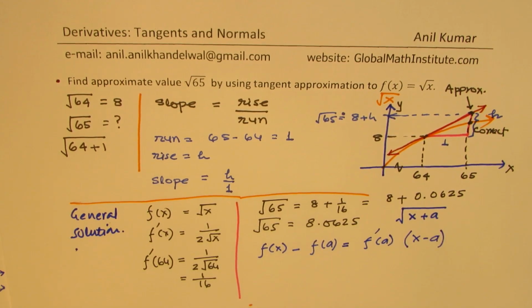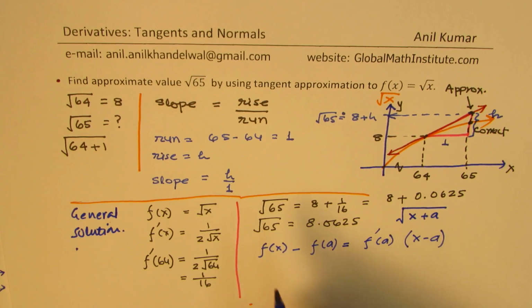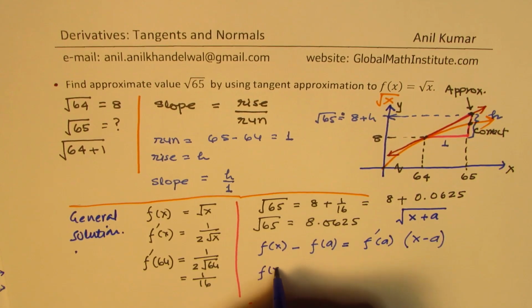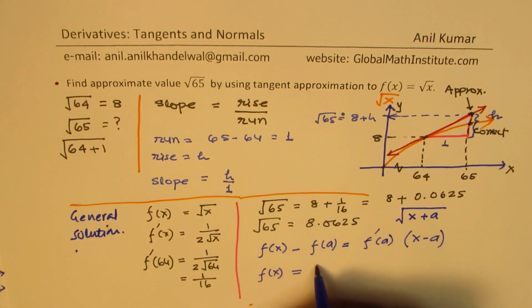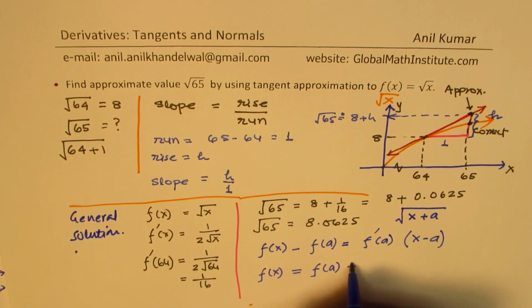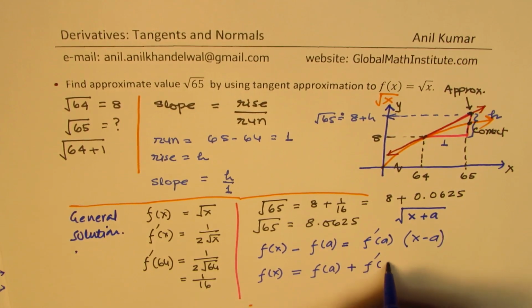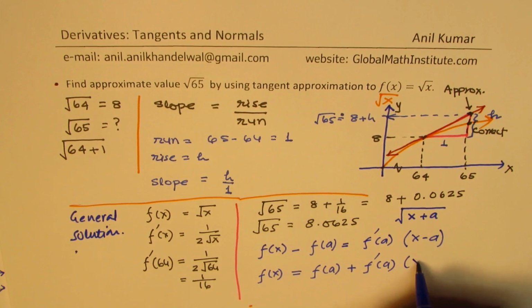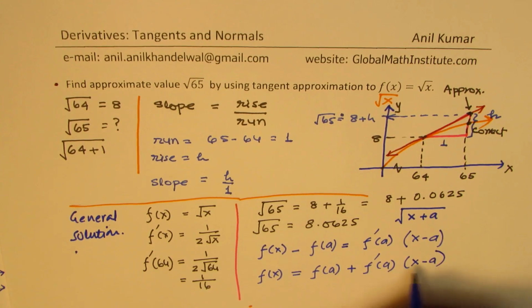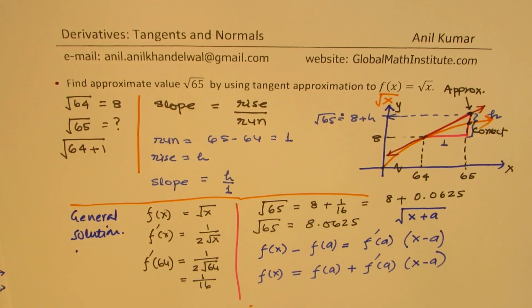Correct? So that will give you the answer directly. So in our case, f of a, the value was 8, right? Or you could write this also as f of x equals f of a plus f dash a times x minus a. So you could use this general formula and find the value of any square root, right? So that is what it is.